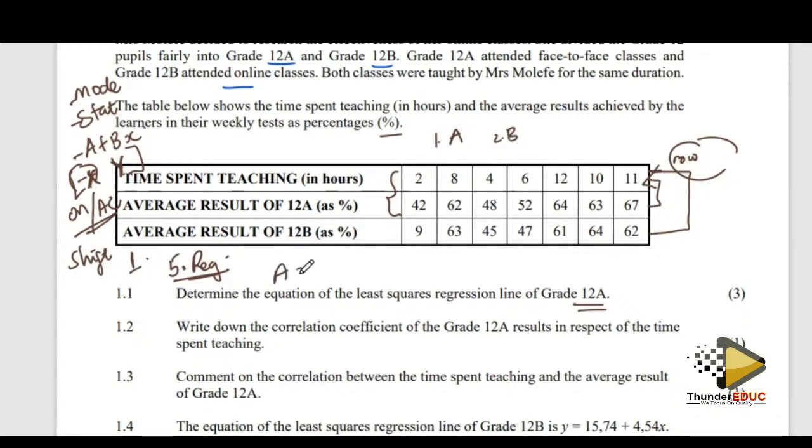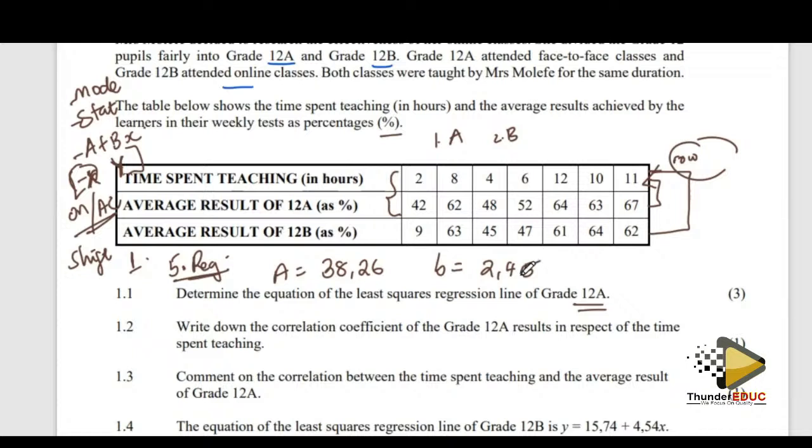So if that is done, our A that we're gonna end up with is 38,26. That's what I'm getting, 38,26 from my calculator. And then the B that I'm having is a 2,456.